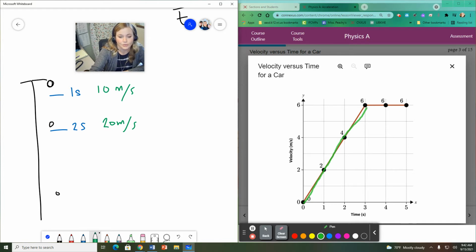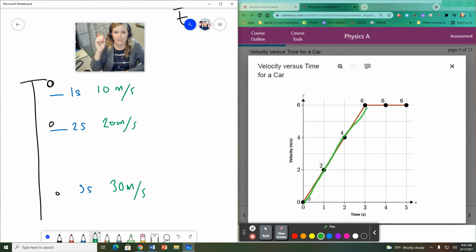At 3 seconds, it's at 30 meters per second. So it keeps speeding up at a constant rate. Every second in free fall, the ball is increasing its velocity by 10. It's constant. So at 4 seconds, it would be 40. At 5 seconds, it would be 50. That's what we mean by constant.